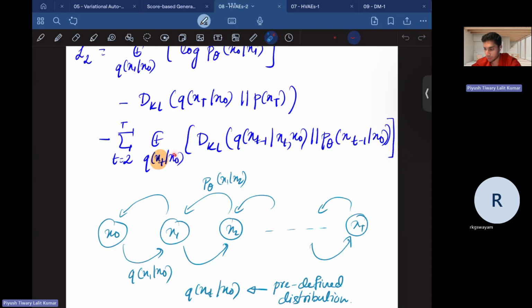Once you know x naught, you just need to do some reparameterization and obtain xt, plug it into this equation, and simply backpropagate it. That's all. Maybe it will become a little clearer when we actually derive and simplify that term and see what it brings. Okay, fine.